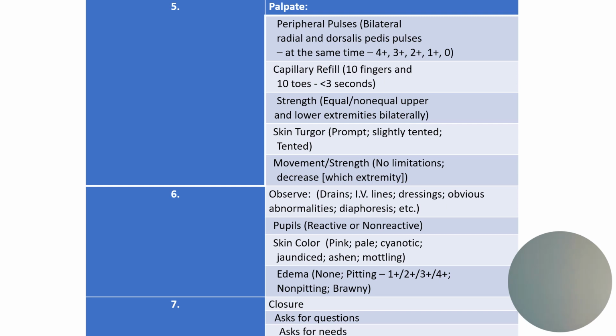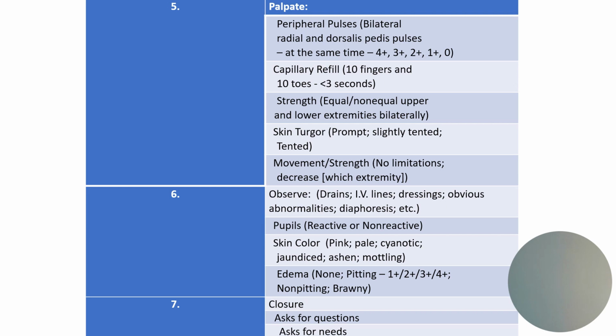If there is indentation, how deep does it go? And your textbook will show you these differences in 1 plus, 2 plus, 3 plus, and 4 plus pitting edema. Or maybe they have edema and it's non-pitting. Or maybe they have edema that is so tight that you cannot indent it at all. And we call that brawny edema.